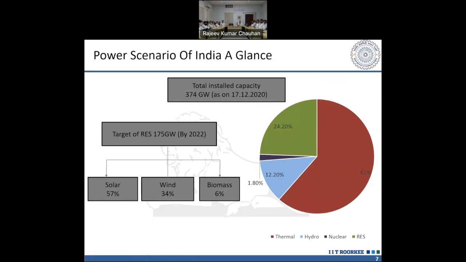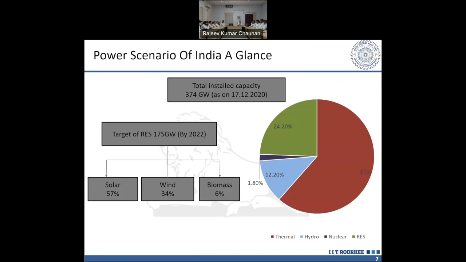And this is the scenario of the energy in India up to 2020. This data is for 17-12-2020. Still now, the renewable has been increased. In this case, if you will see, major portion is still from my conventional source, which is the brown one. Green one is my green energy, which is the renewable, which is 24, and today I think it is 26 or 27.